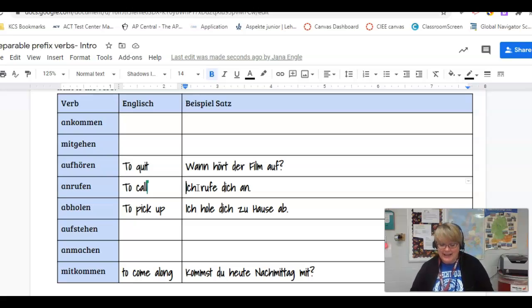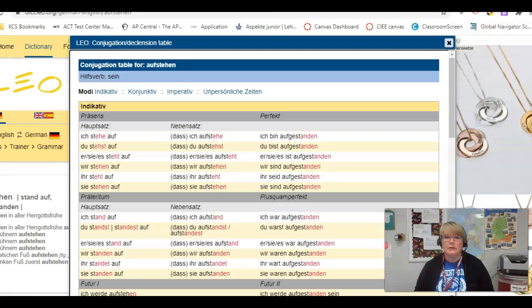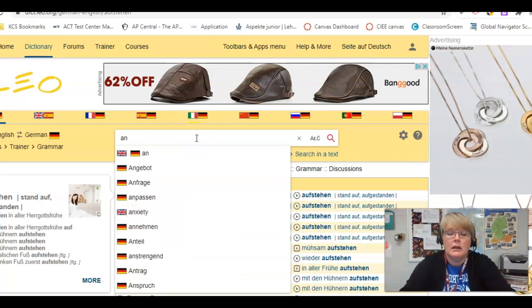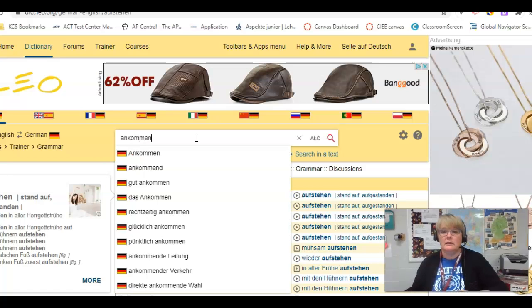Now, the next thing I said is that you want to figure out what the rest of them mean in English and try to write some sentences. So, let's look. Ankommen. If we don't know what it means, we can go to dict.leo.org.